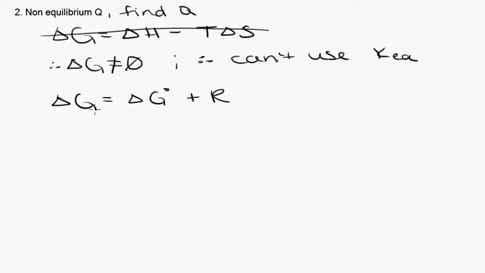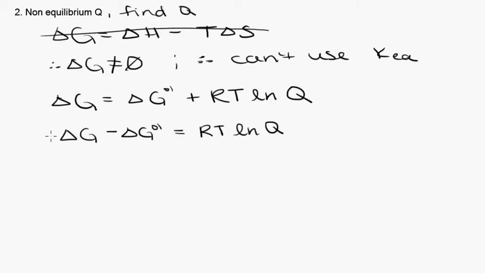So delta G equals standard delta G or biochemical standard delta G plus RT natural log, and instead of KEQ here, it's just Q. And you would solve this the same way. Because delta G is no longer 0, you're going to have a value for delta G. So delta G minus the standard delta G, which is a physical number that you will either find or be given, is going to equal RT natural log of Q.